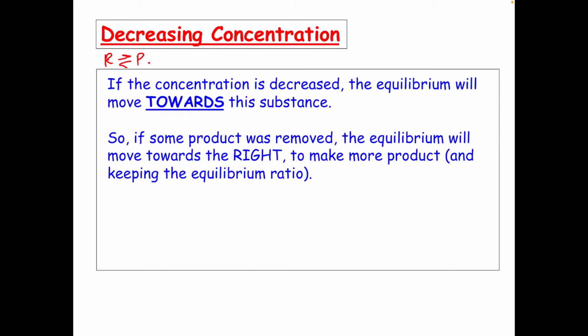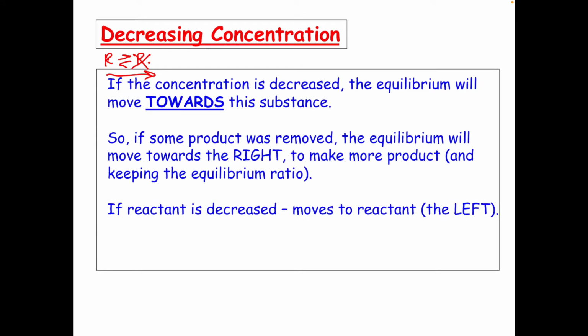If the product was removed, then the equilibrium is going to want to move to the right to replace it, keeping the equilibrium ratio. If the reactant is decreased, then it's going to move towards the reactant. So it's the opposite, it's going towards the left because it's the reactant you're taking away this time.